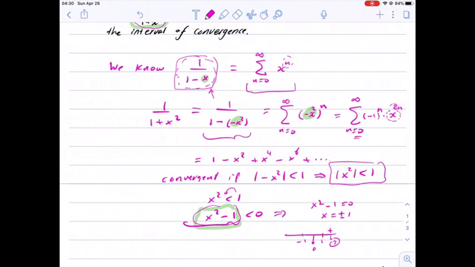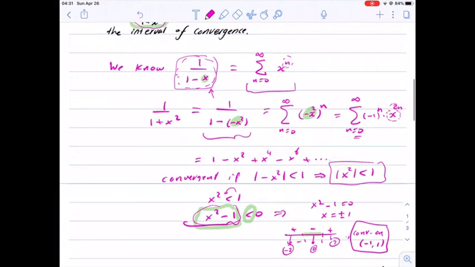Choose 0 between -1 and 1, you get negative. Choose -2, for example, less than -1, you get positive. So this expression is less than zero in this interval. That means the series is convergent on the interval -1 to 1. This is the interval of convergence.